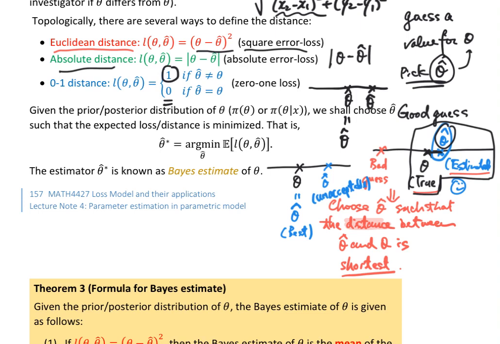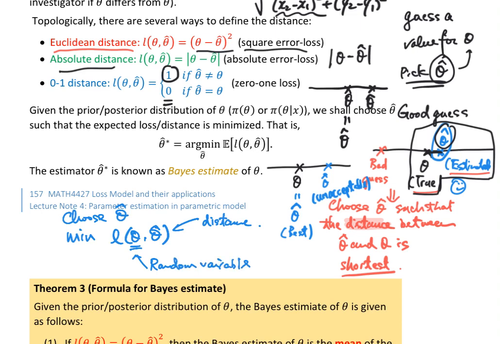Remember in our point estimation problem, our goal is to choose your estimator such that this estimated value is closer to theta. That means you want to choose your estimator such that this loss function is minimized. But there is one small technicality, because in our Bayesian estimation, theta is a random variable with a certain distribution.